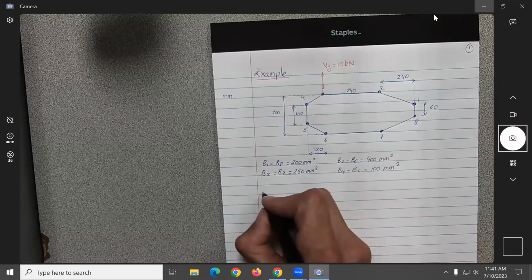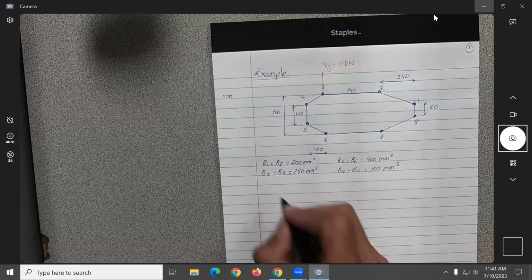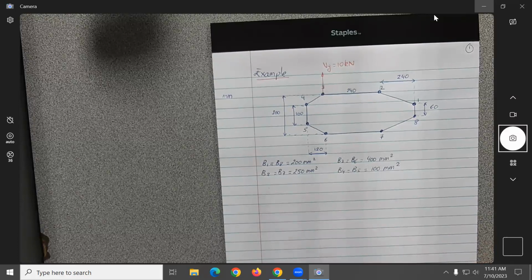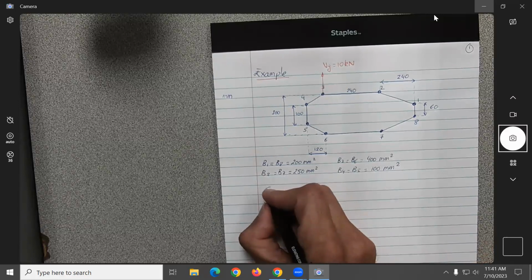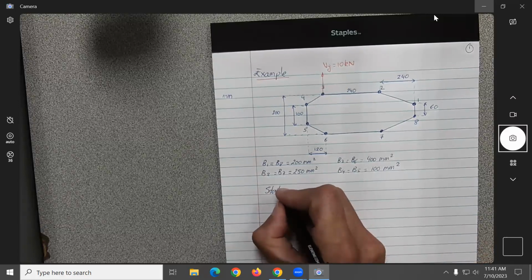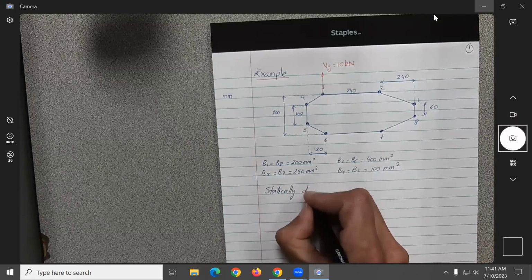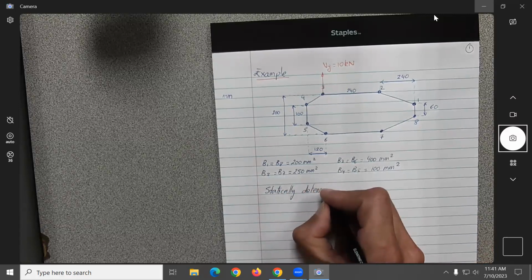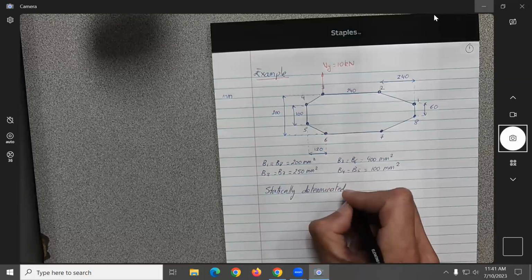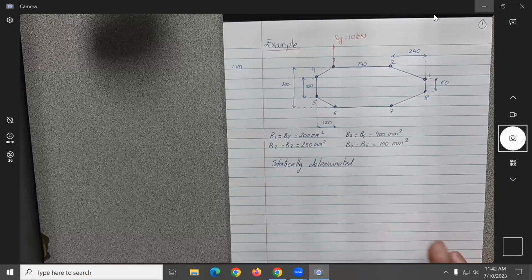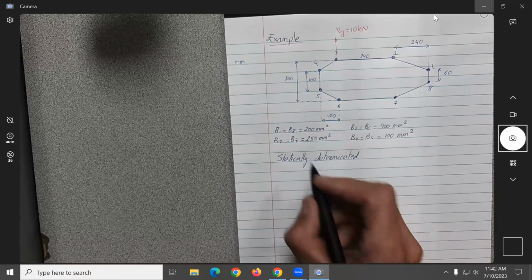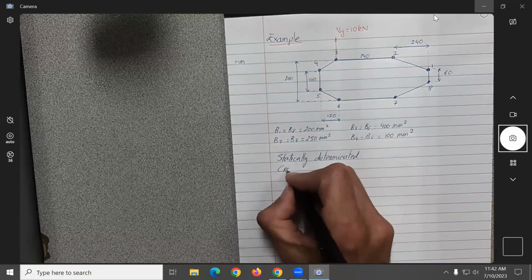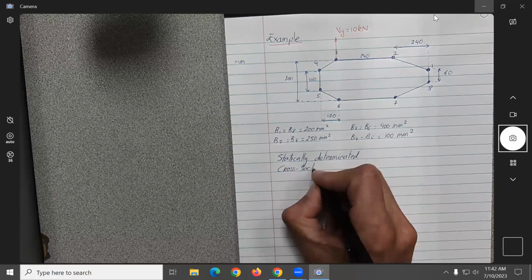So first, is this problem statically indeterminate or statically determinate? Determinate, so that's good. That way we know what the procedure is. Before we start, let's start with a little understanding of the problem.